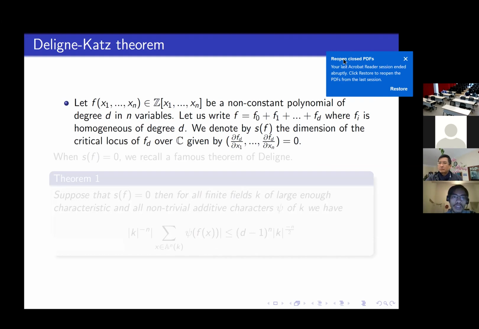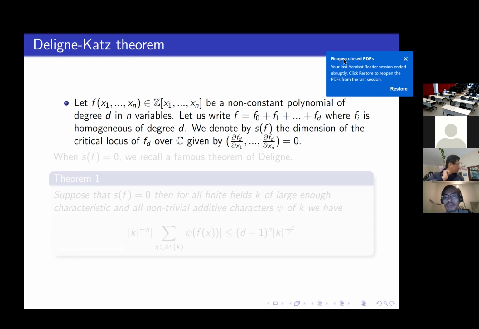Suppose that f is a polynomial in n variables with integer coefficients, and suppose that f is non-constant and f has degree d.